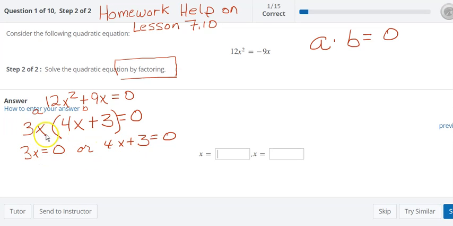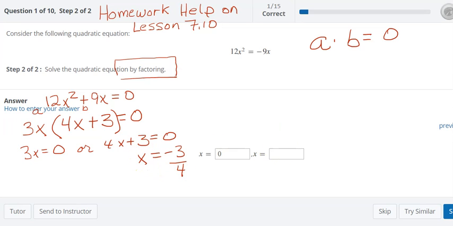Once we equate each of the factors to 0, x for this one would be 0. And for this one, I'm going to transpose the 3. Let me show you that. That becomes a negative 3. And then I'm going to divide by 4.